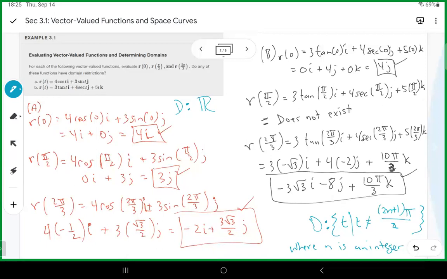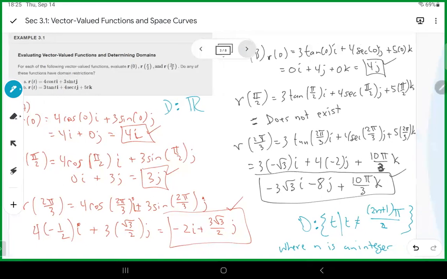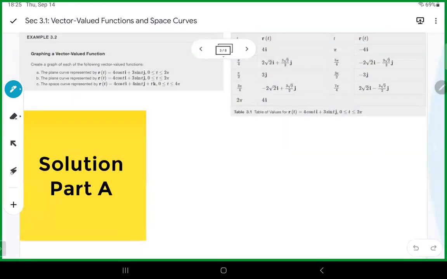Same thing, the function is not defined for odd multiples of pi over 2. And then h of t is all real numbers. So if you give me a little bit more and not just the domain, then I can give you more points, or I can have an understanding of what you're doing.